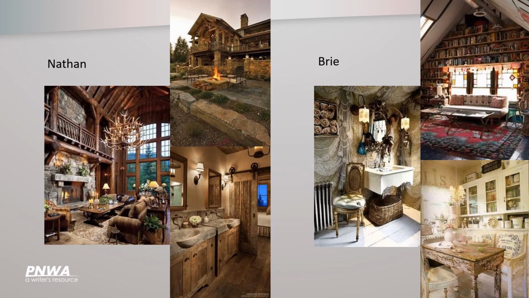Hey, and check out that bathroom. And then you compare it to Bree. Well, Bree has a few more limited resources, so she's actually living in a cottage on her parents' farm. She has a very unique decorating style. She obviously loves books because, hey, she's a librarian, so she has a wonderful book space. And she has an individual style of decorating that Nathan calls fluffy.